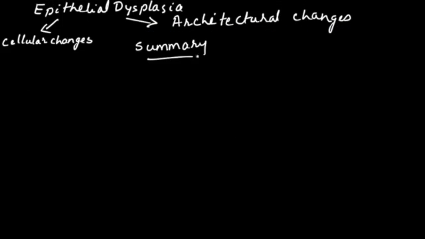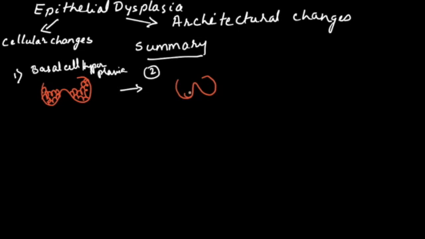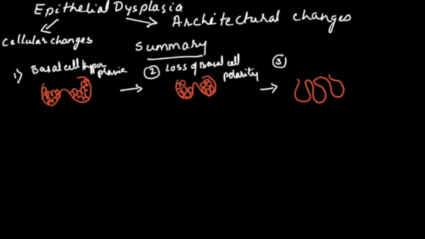Now that we have learnt architectural changes in detail, let's summarize. I generally like to form a storyline. This is how I have always remembered epithelial dysplasia features. You link one feature to the next one so that you get a proper flow. So the first one being basal cell hyperplasia. Because of basal cell hyperplasia, you have loss of polarity. Too many cells in the bag, so it's loss of polarity. Because too many cells in the bag, you have the third feature, which is drop-shaped retroridges.